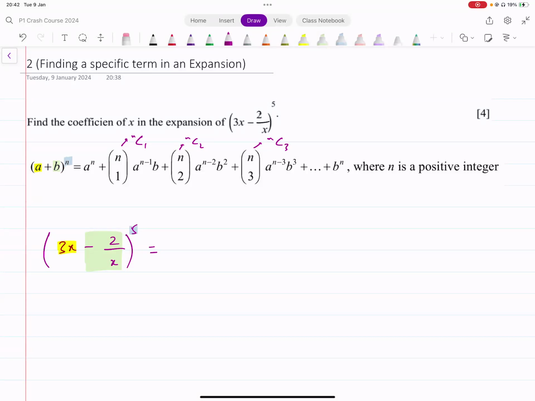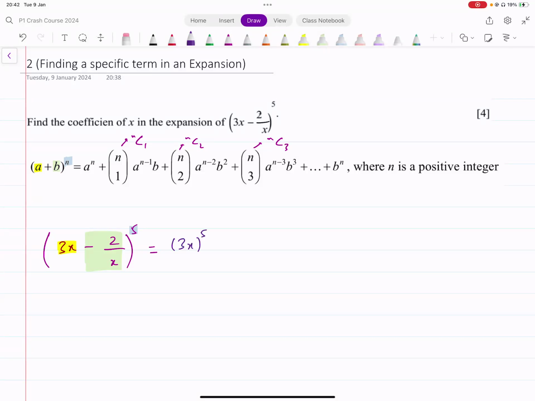Let's just input values and see what we get from this. a raised to power n. So a is 3x, so we have (3x) whole raised to power 5 plus nC1. We're looking at the second term now. nC1, what's that? n is 5, so 5C1 into (3x) whole raised to power 4 into minus 2 over x.